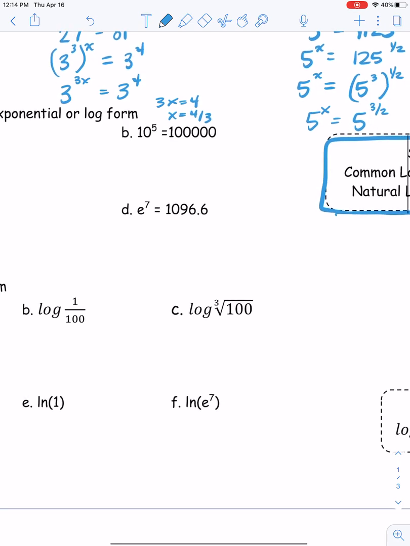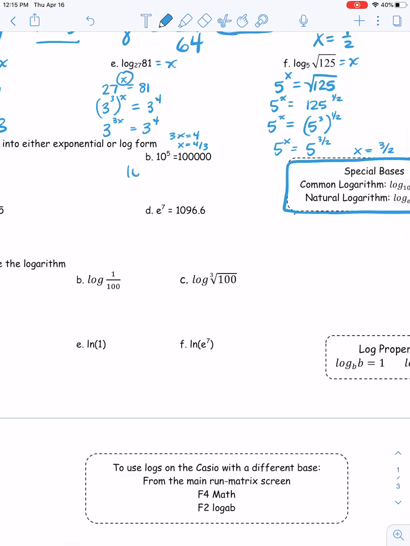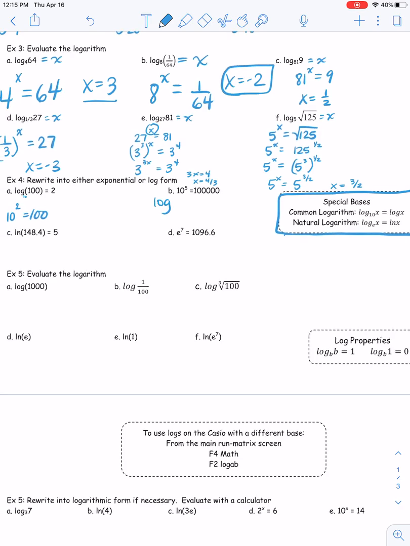Over here, my base is 10, my exponent is 5, and that's going to equal 100,000. So writing that in log form, that would be log base 10, but we don't have to write it because it's understood. What is my argument? 100,000, and that's going to equal the exponent of 5.